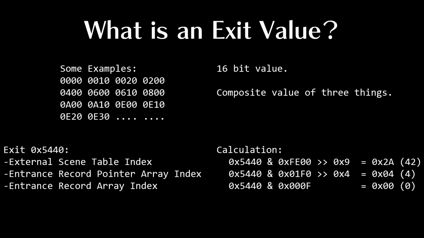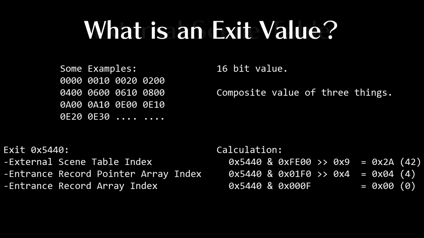To get the pointer array index, we need to take 5440 with a bitwise AND of 1F0, then right shift that result by 4 bits, which gives us 4. And finally, to get the entrance record array index, we need to take 5440 with a bitwise AND of F, which gives us 0. So this exit would look up external scene index 42, then from the pointer array use index 4, and finally the entrance record at index 0 from the entrance record array. Pretty simple, right?